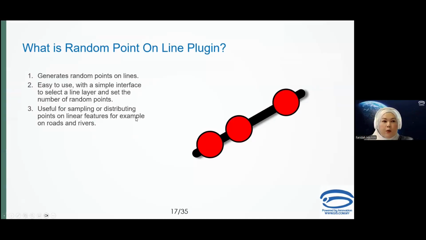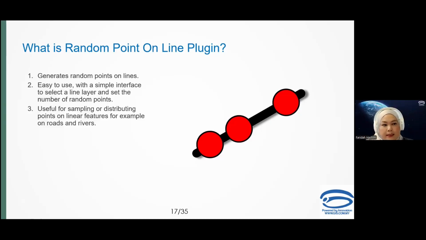Okay, what is the Random Points Online plugin? This plugin is a research tool designed to help researchers in their work. It allows the user to generate random points on lines, with a very simple interface to select a line layer and then set the number of random points.